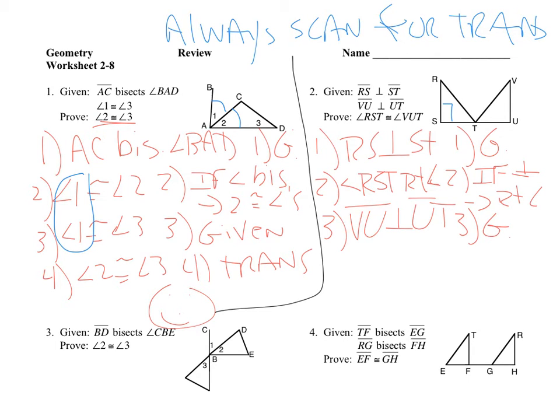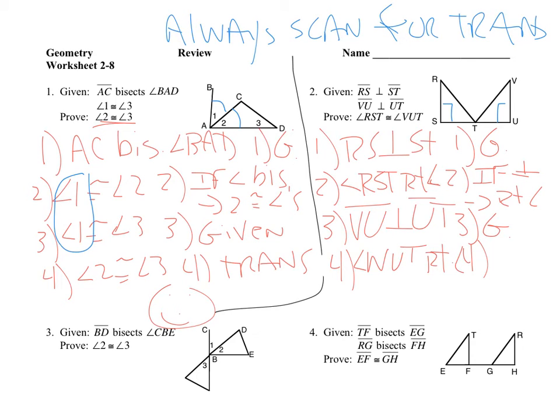So let's go up to the diagram here. We got VU and UT. Looks like we got another right angle box. So I'll go 4 here. Actually, I'll do 4 in red, so we'll stay consistent. 4. We have angle VUT, right angle.